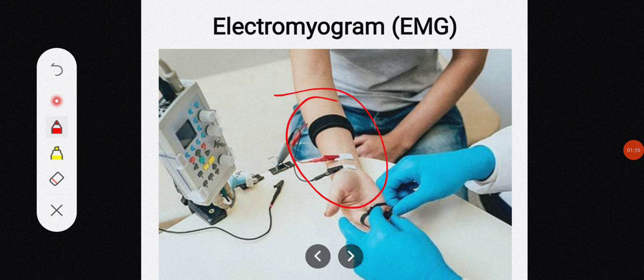Electromyogram can be recorded using surface electrodes near the muscle of interest. Suppose you want to measure the bioelectric potential or the muscle activity of a certain muscle of interest, then you will place the surface electrode over the surface of the body, over that muscle, so that you can get the recording of the bioelectric potentials of that particular muscle.